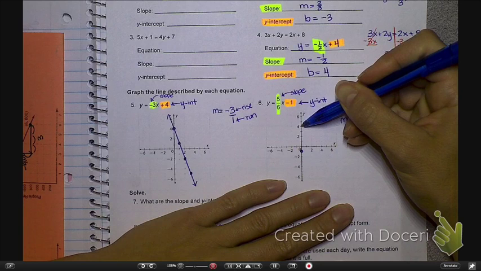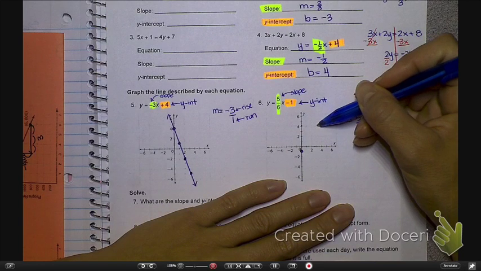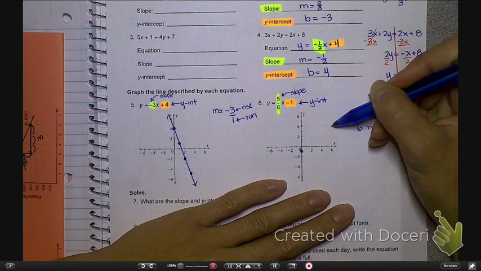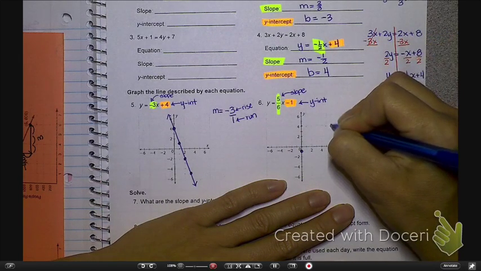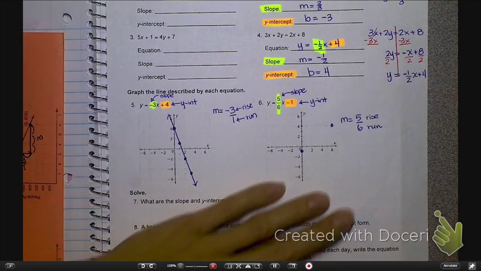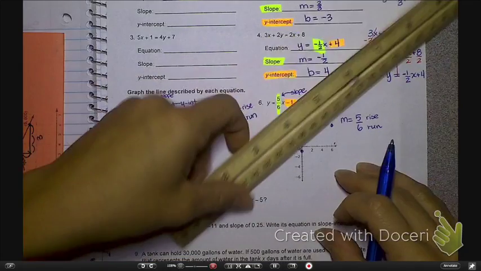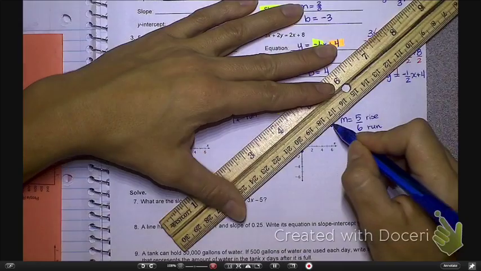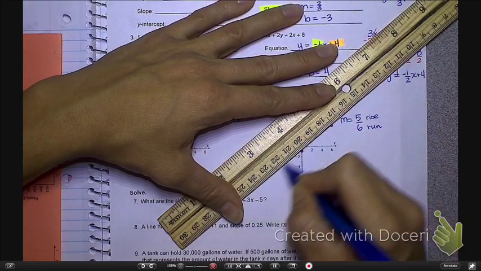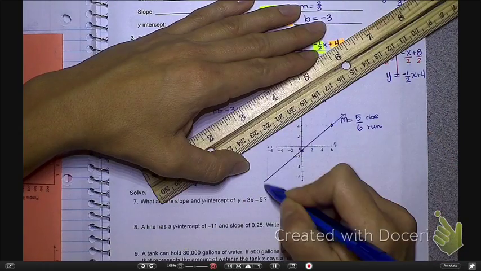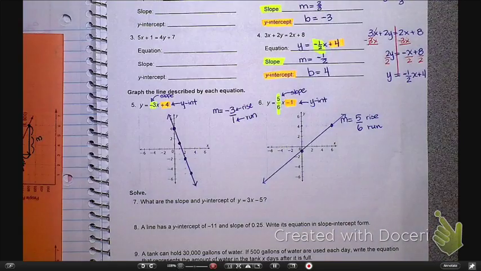Now remember, which way are we going to run? To the right. So 1, 2, 3, 4, 5, 6. Now go ahead and take your ruler and connect those dots. That gives us an idea of what our line's doing.